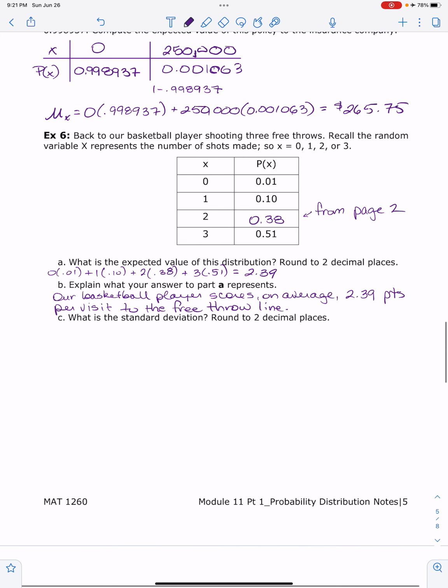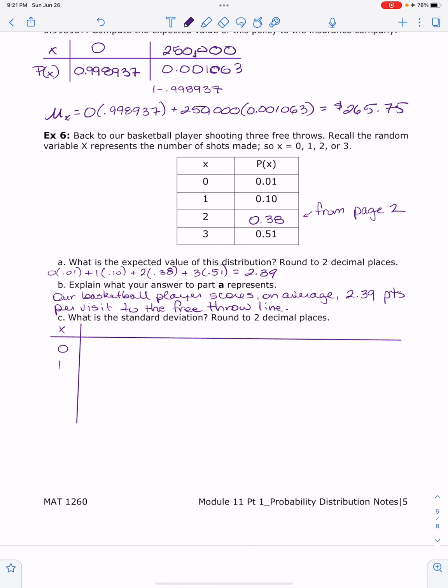Okay. So let's talk about standard deviation here. We are going to go ahead and compute this one by hand, at least I am. You are welcome to hit pause here, plug this into Excel, make sure you are getting the correct values, and then come back and compare.